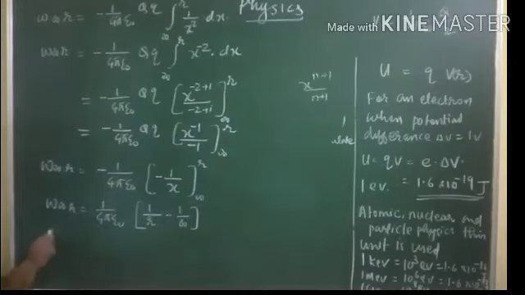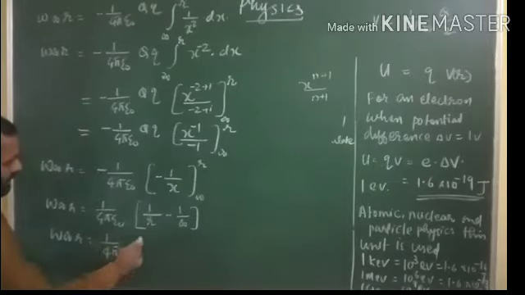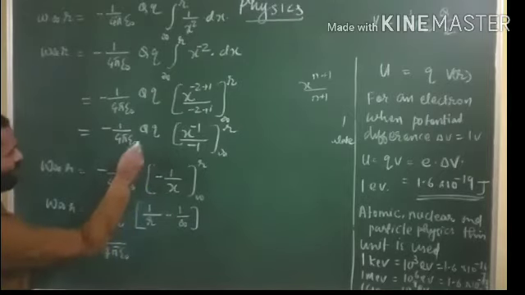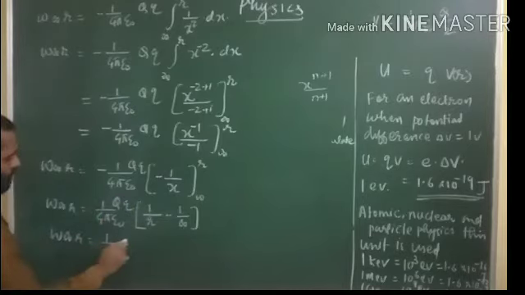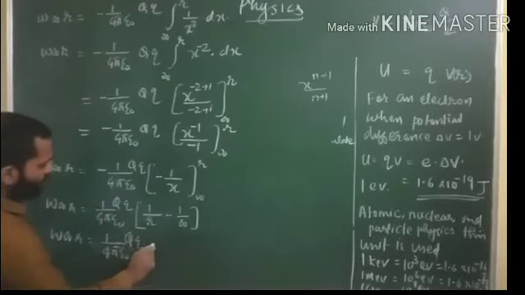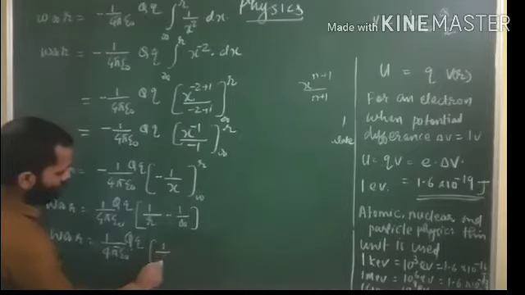So the work done from infinity to r will be 1 by 4 pi epsilon naught divided by, see here we are missing that charge, q into q, then here also q into q, q into q into 1 by r.